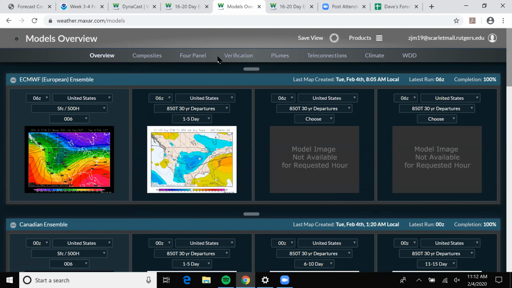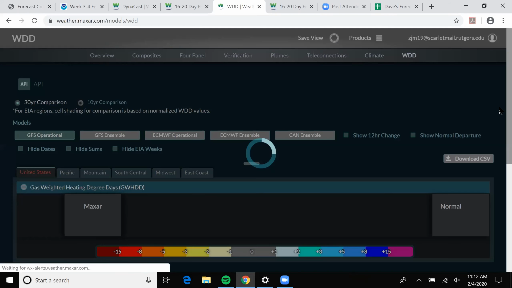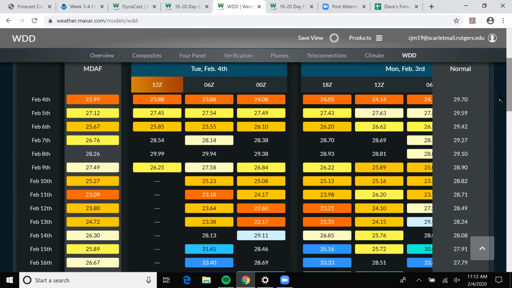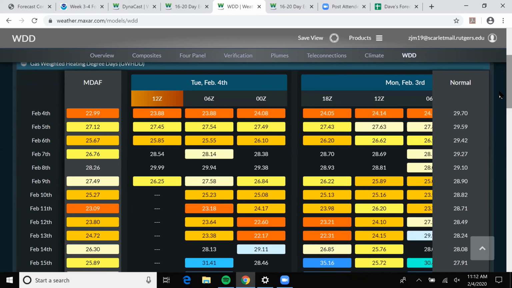Where's the one you look at? Which page is it that has all the individual little data points? Oh yeah, WDD. So this shows how it's progressing so far. Right. So it's effectively like days 1 through 15.